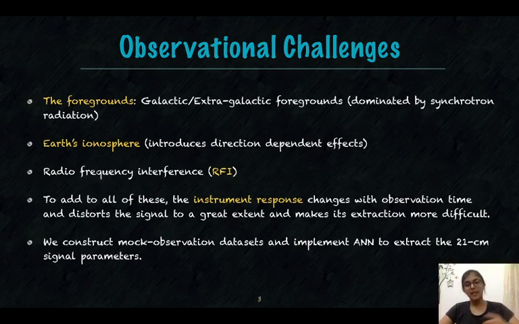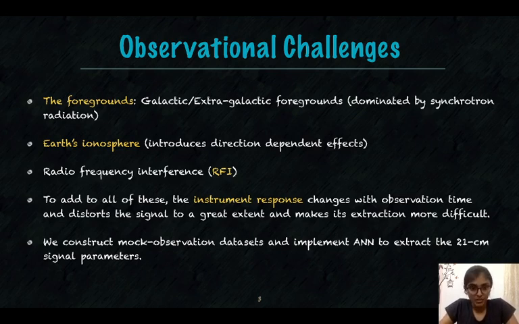Our Earth's ionosphere also introduces direction dependent effects by distorting the signal, and we have man made radio frequency interference, RFI. To add to all of this, the instrument response changes with observation time, and that also affects the signal to a great extent. All these together make the extraction process very difficult.